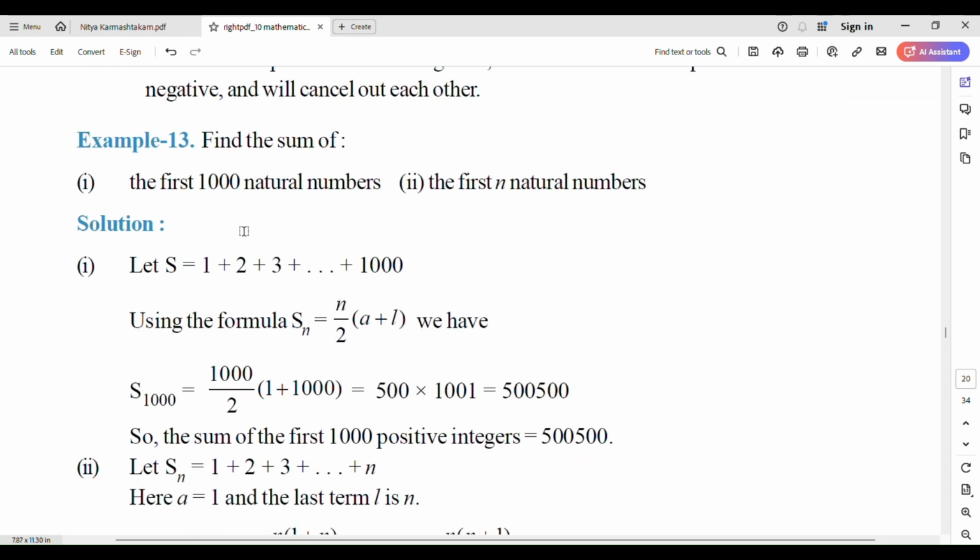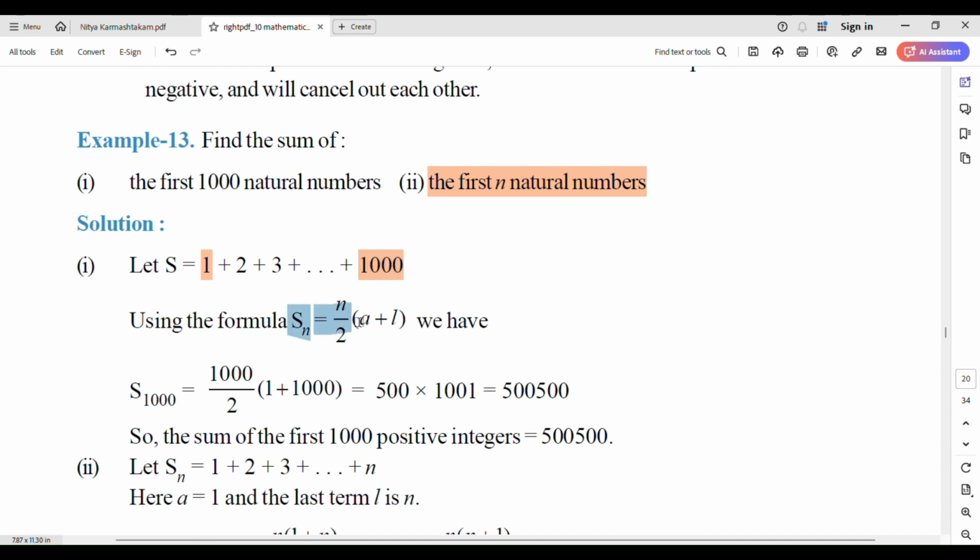Next example, find the sum of first 1000 natural numbers, or first n natural numbers. This is a general equation, we want to derive a general equation for the sum of first n natural numbers. 1000 is simple. a equal to 1, d equal to 2 minus 1, that is 1 again, and n equal to 1000, right?